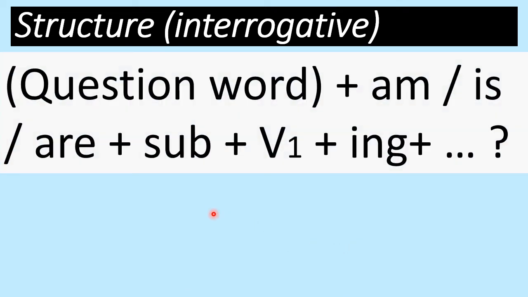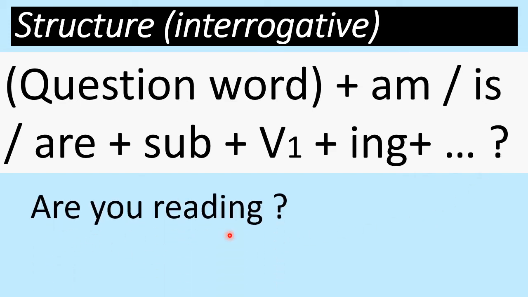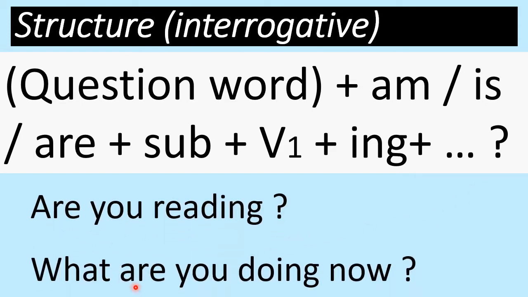Another structure, the question form. The question form starts with question word, auxiliary verb am, is, are plus subject plus v1 the base form plus ing plus question mark. Are you reading? What are you doing now?